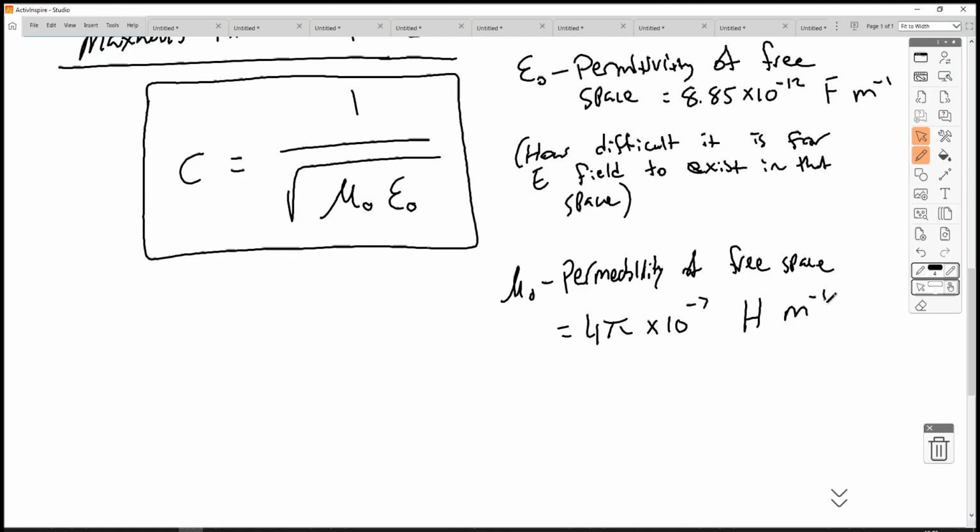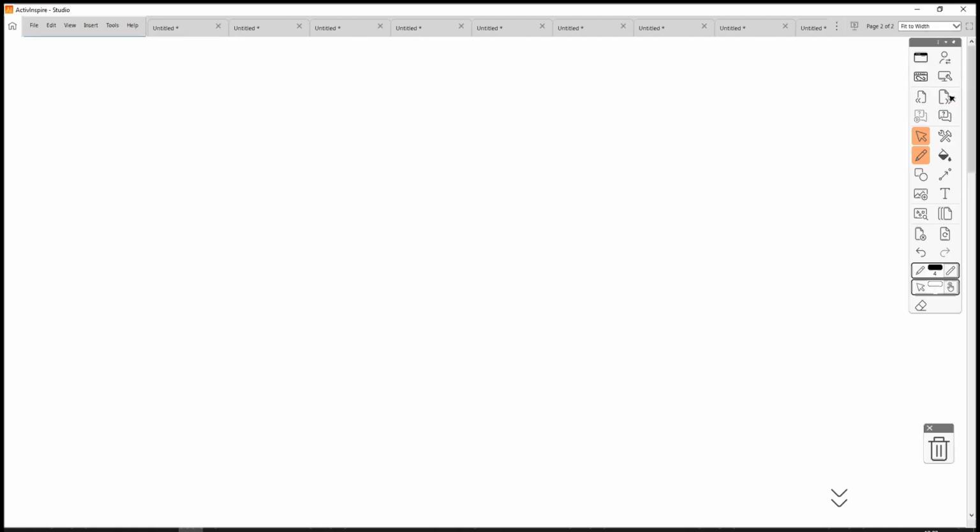Let's start a new page. And we'll now look at Hertz's discovery of radio waves.